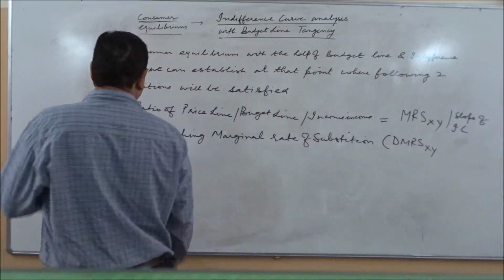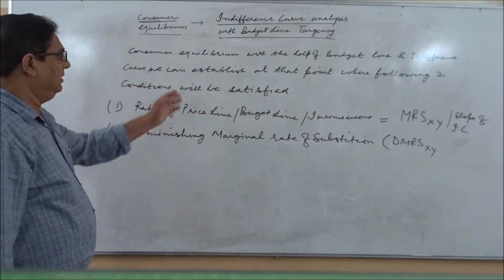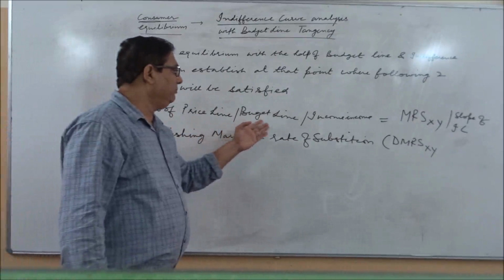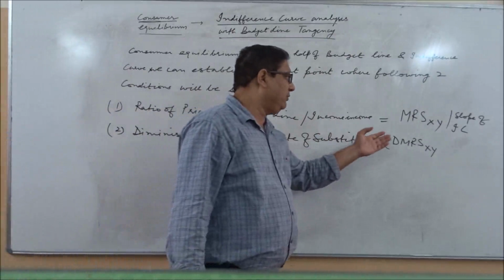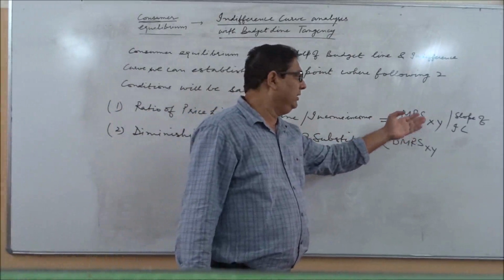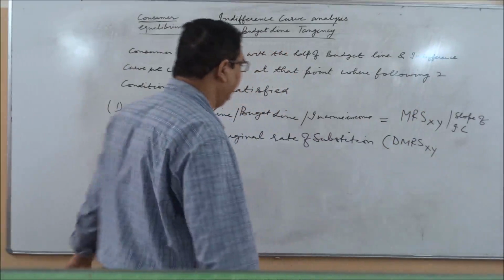We also call it the slope of the budget line or ratio of price line. Budget line, income line must be equal to MRS X for Y or slope of the indifference curve.